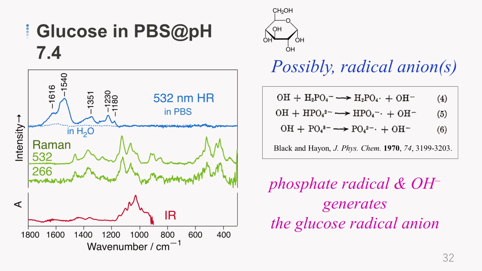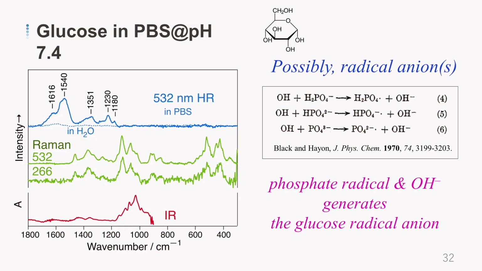So even at a neutral pH, following the radical formation, some radical anion formation of the glucose should take place. Phosphate radical and OH minus generate the glucose radical anion. This is a possible story.